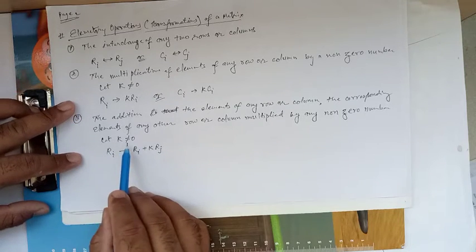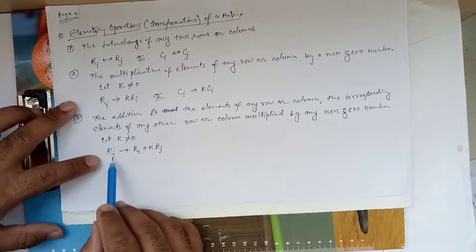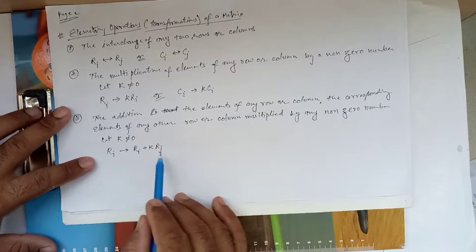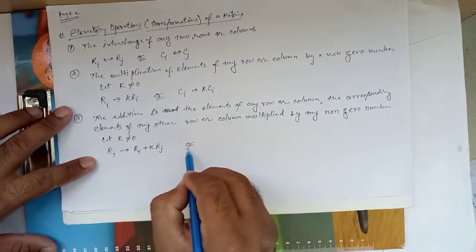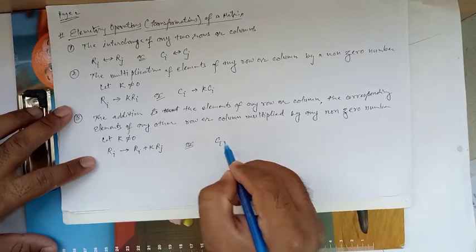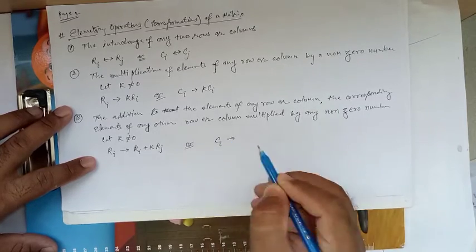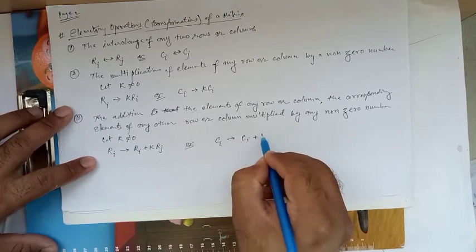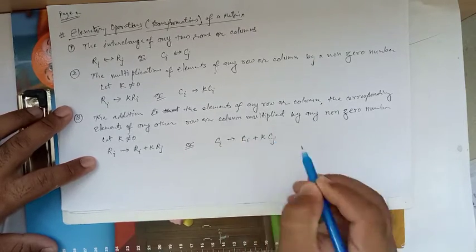Let that number be k, which is non-zero. Symbolically we can represent Ri goes to Ri plus k times Rj. Then we can transform the matrix by this. Or column wise, Ci goes to Ci plus k times Cj.